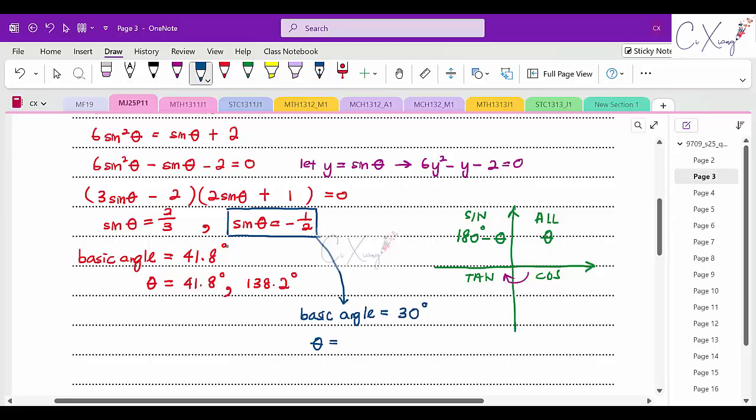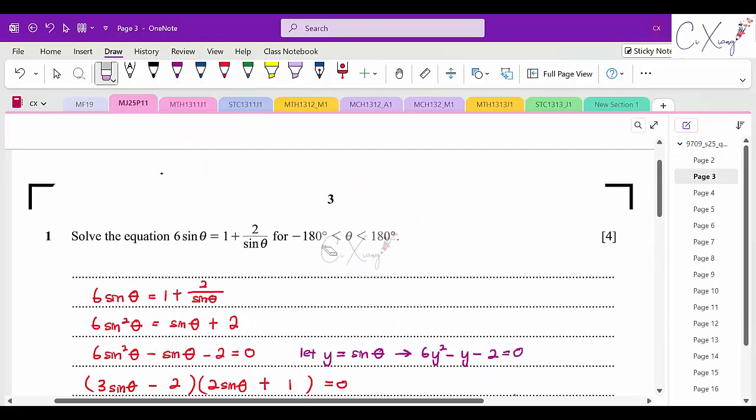We are aiming for sine negative. For sine negative, you realize that both the first and second quadrant, for the positive angle that we considered just now, have sine positive. Therefore, the sine negative should appear in the third and fourth quadrant. In our question here, they are asking for negative 180 to positive 180, which includes negative 180 to 0.